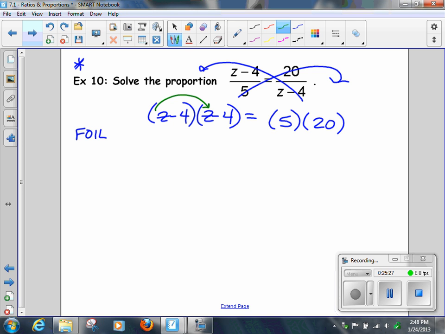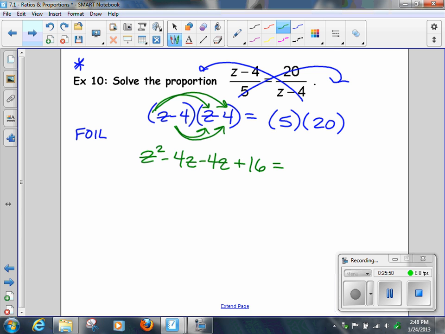Z times Z is what? Z squared, right? Z times negative 4 is negative 4Z. Negative 4 times Z is negative 4Z. Negative 4 times negative 4 is positive 16.